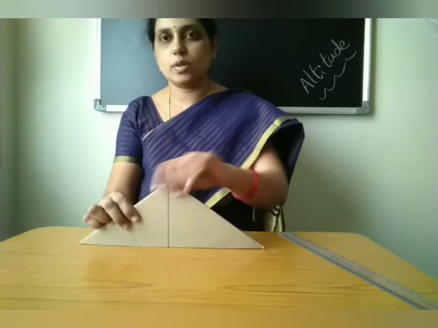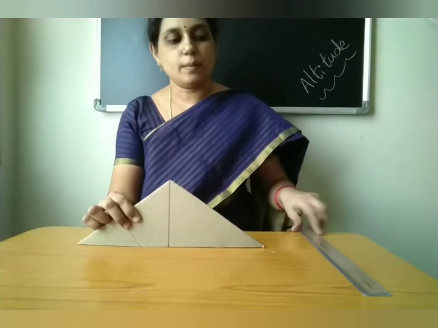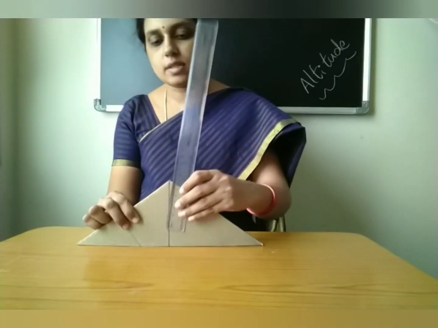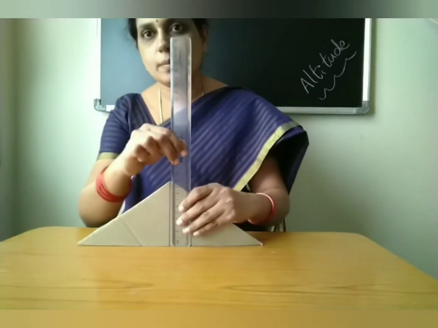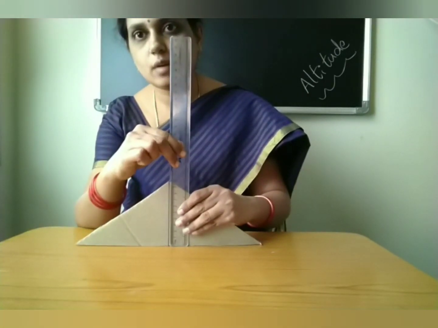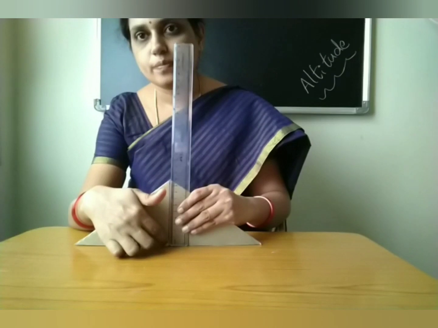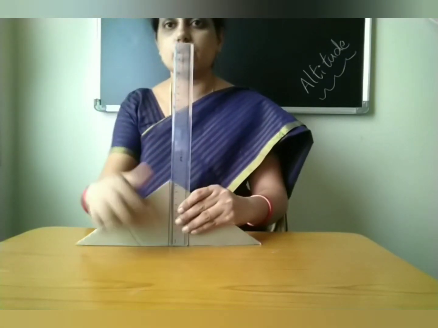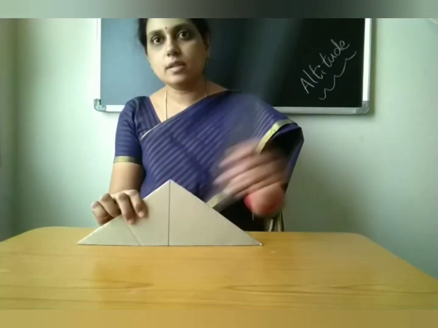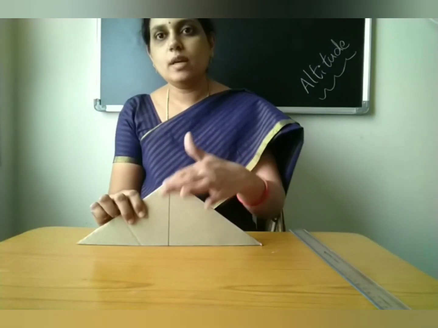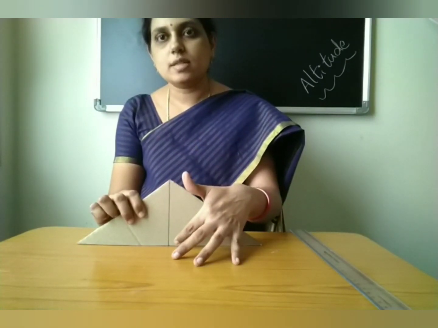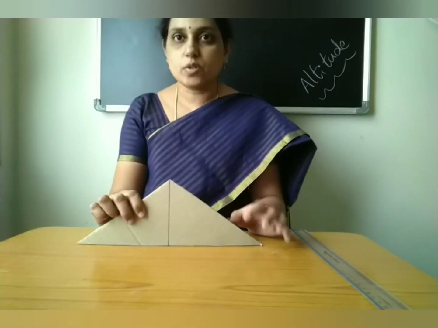Then we will see in another direction. So here now the perpendicular drawn from the vertex, it is this one. Okay, this is the altitude. So how many altitudes lie in the interior? Only one altitude lies in the interior for an obtuse angle triangle.